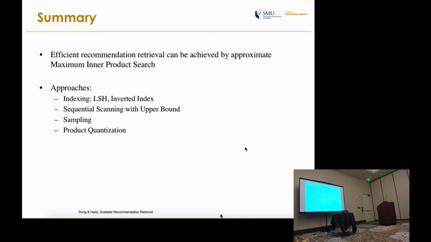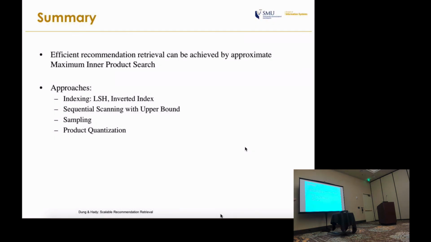It can either be based on locality-sensitive hashing or inverted indexing, or it could be based on sampling mechanisms or product quantization to reduce the cost of a particular inner product computation.